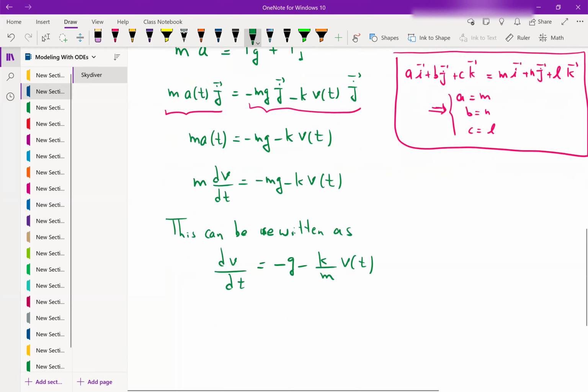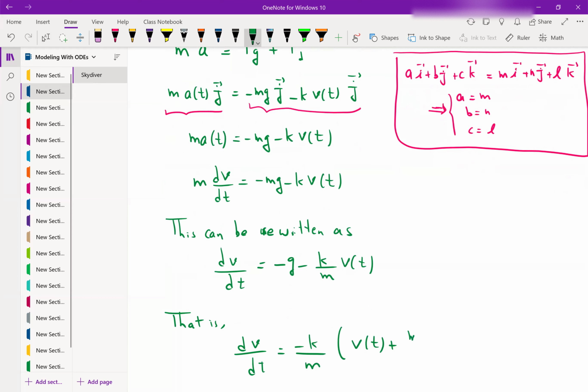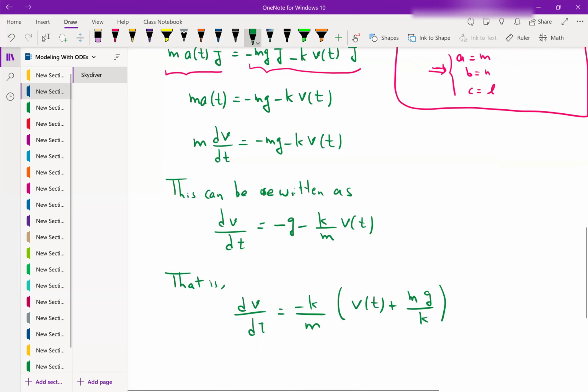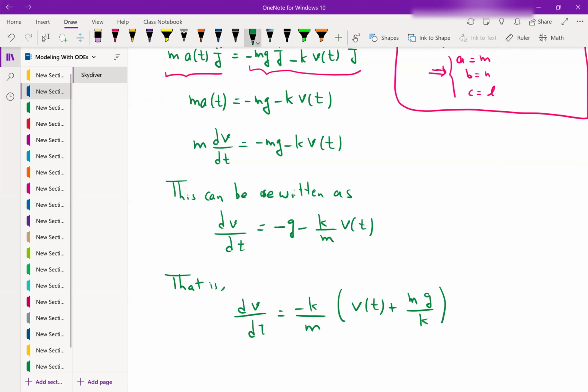And also, if you like, you can factor out negative k over m and write this as dv/dt is equal to negative k over m times v(t) plus mg over k. Awesome. This is your first-order ODE for the quantity v(t).